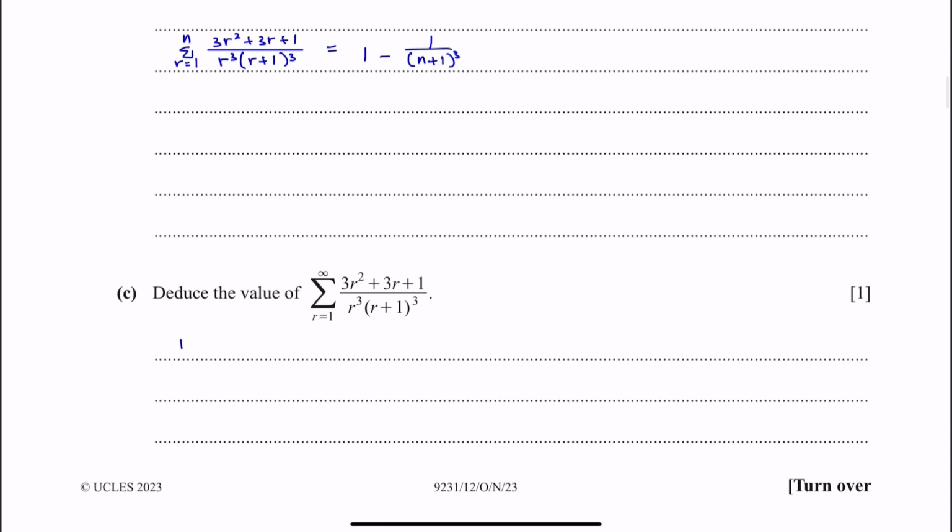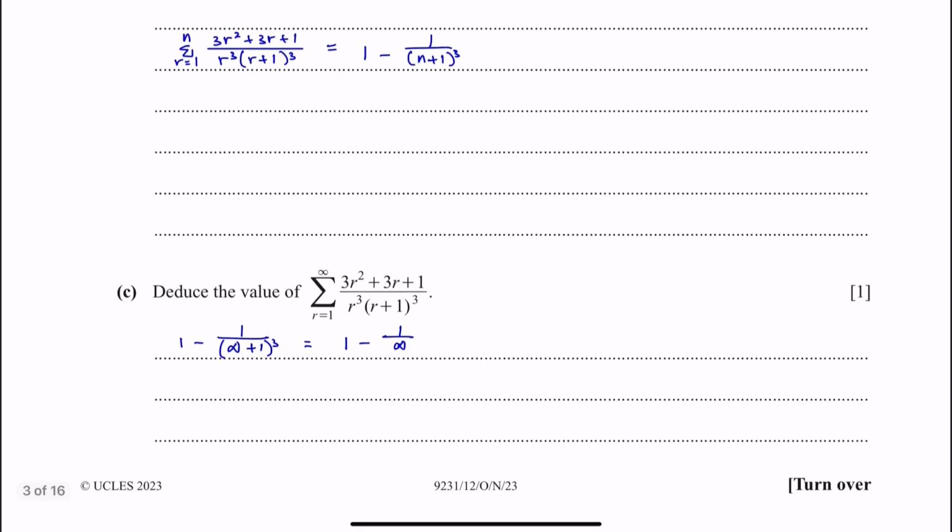So we get 1 minus 1 over infinity plus 1 cubed, which is 1 minus 1 over infinity. And this would be equal to 0. 1 over infinity is 0. Anything over infinity is 0. So we get 1. So 1 will be the sum to infinity of the whole expression.